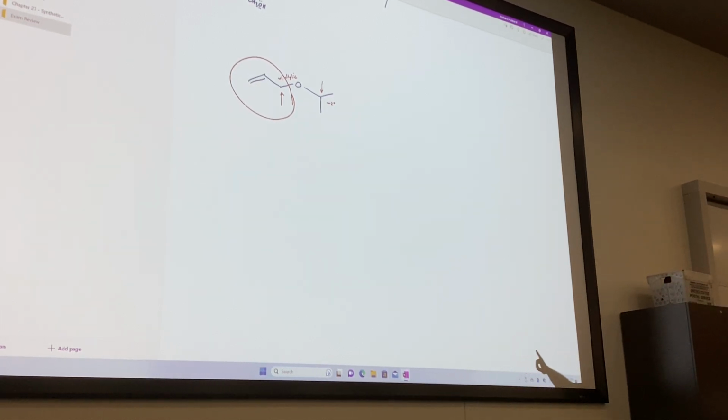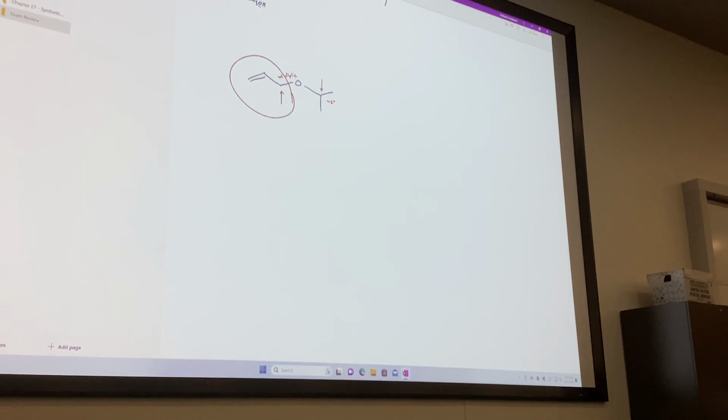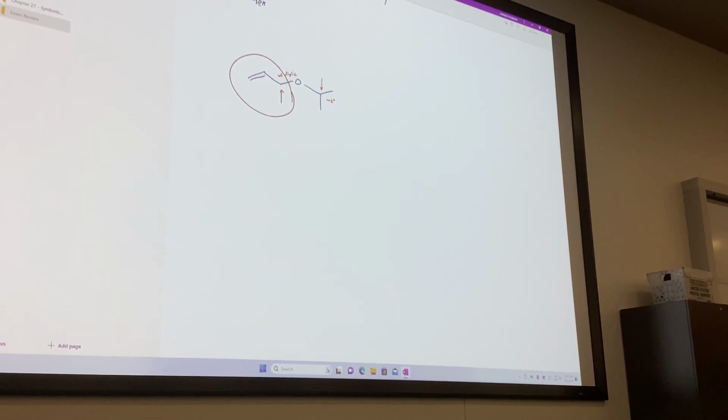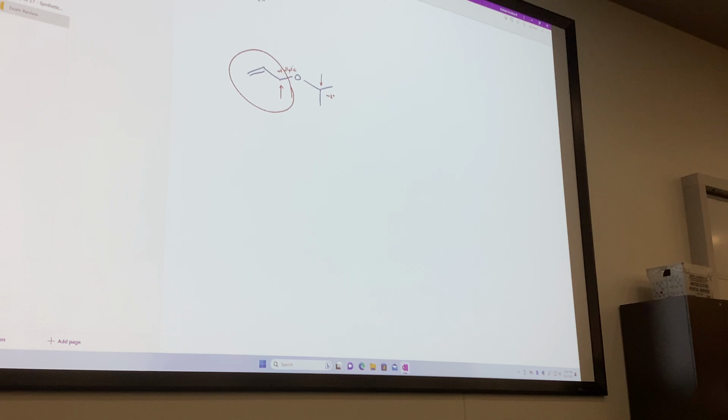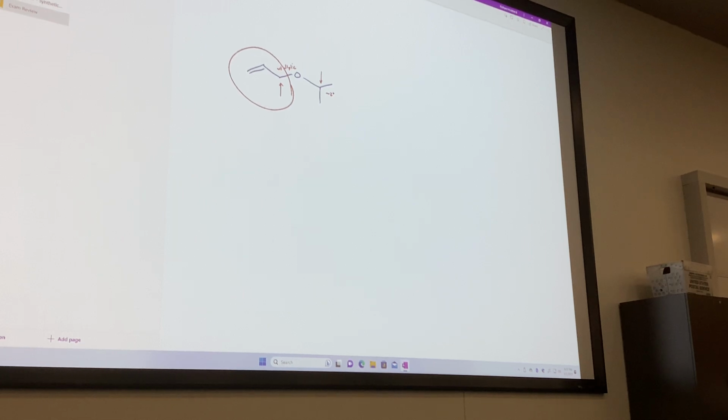We view our primary allylic as pretty close to, but still a little bit more stable than, our tertiary. Secondary allylic is much more stable than the tertiary. Tertiary allylic is the most stable of all. So if it's allylic, it's always more stable than one that's not allylic, unless it's benzylic. That technically wouldn't be allylic.